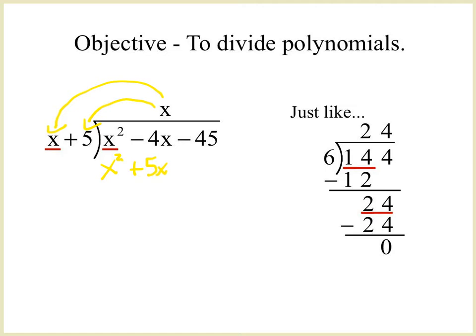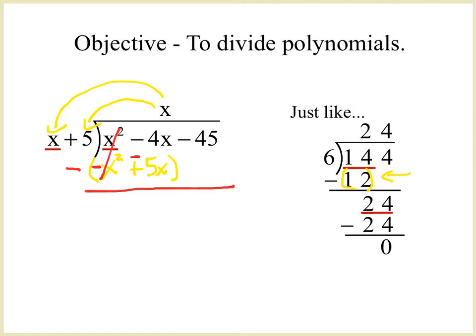Now remember what we did once I had our number down here? We subtracted the whole thing, and we're going to do the same thing here. I have to subtract the entire number from the original dividend. If I'm subtracting it, I have to distribute that negative, and that really makes that negative and that negative.